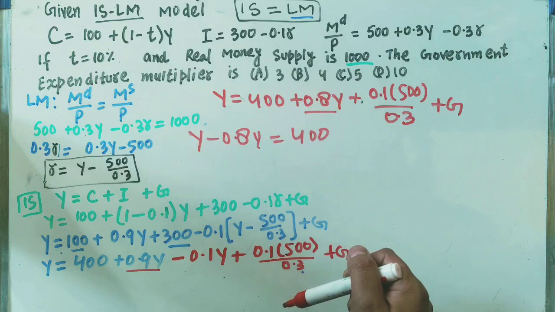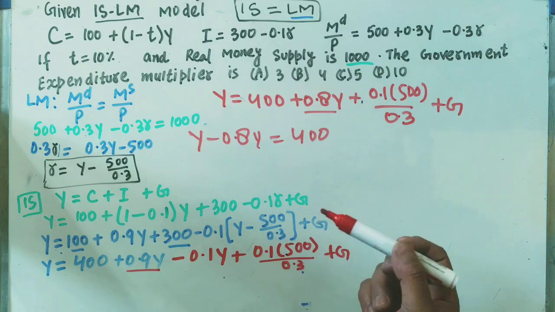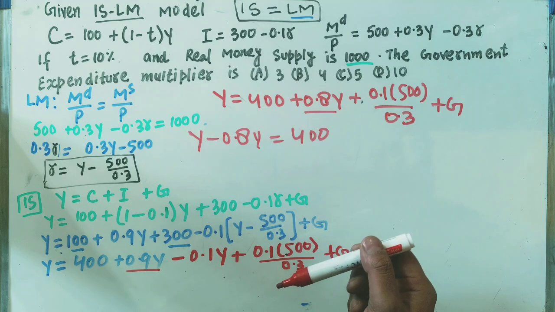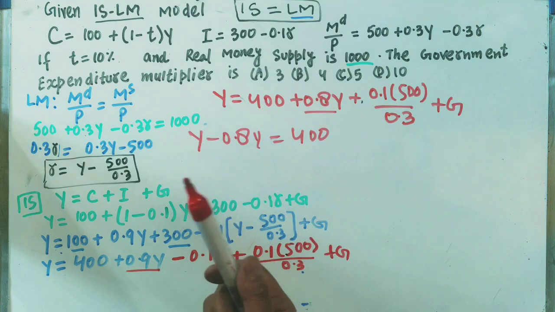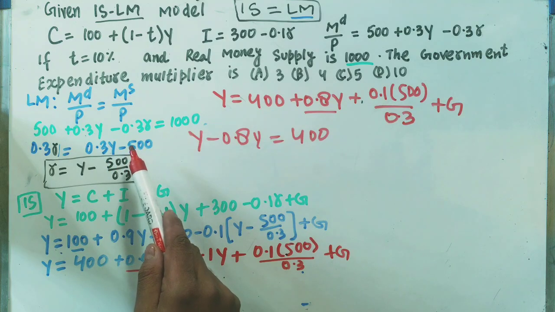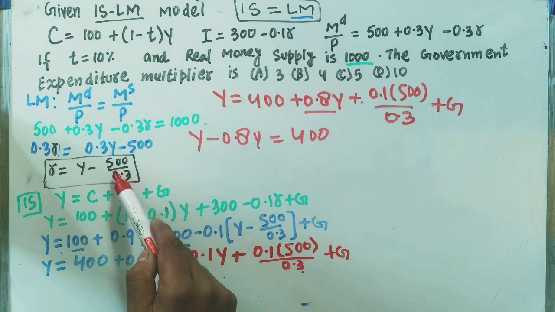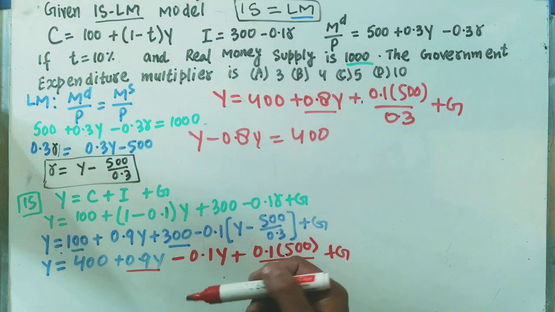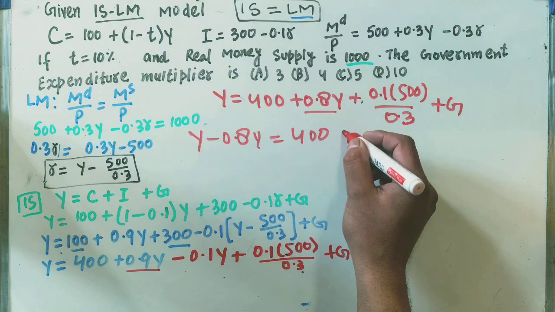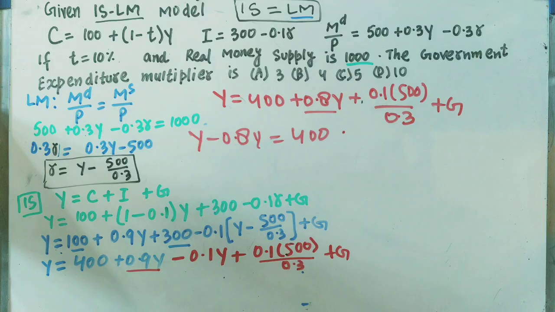Let me see if I have done it correctly. Actually we have 5,000 here. 0.1 is equal to 500. Okay, I have written it like this. We have 400, but let me see if I have made any mistake.